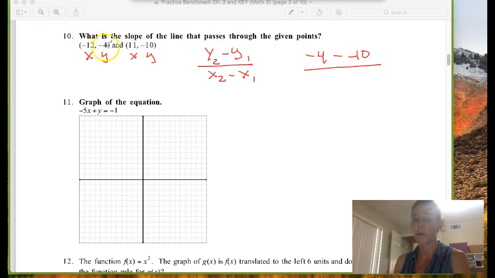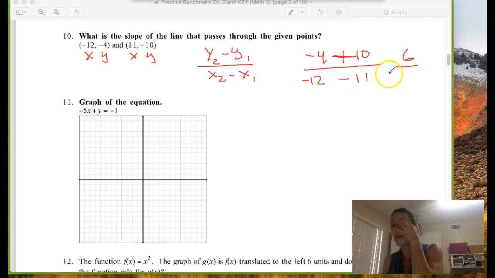If I started here with my y's, I start here with my x's. -12 minus 11. A double negative makes a positive. So -4 plus 10 is going to be +6. And then -12 minus -11, a double negative, that's going to be what? 22, 23.